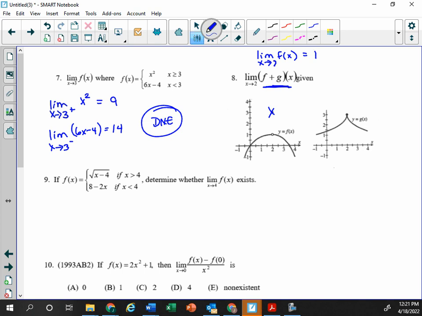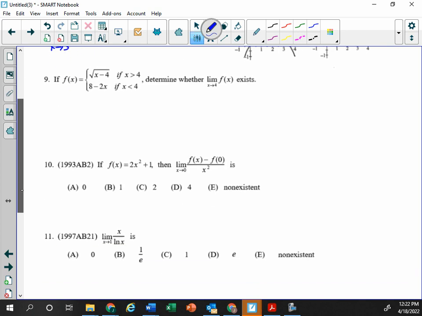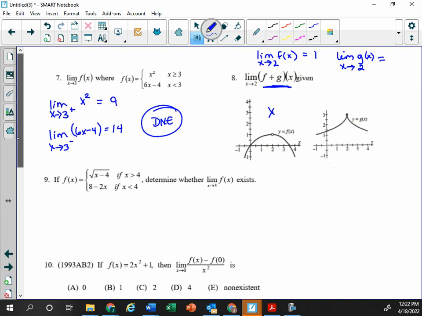Keep forgetting to write things. So partially it's me just making sure you see what we're doing, that we're evaluating these two parts. If it's multiple choice, like these down here, doesn't matter. If it's free response, I'd like to see some sort of limit notation showing me what's going on.